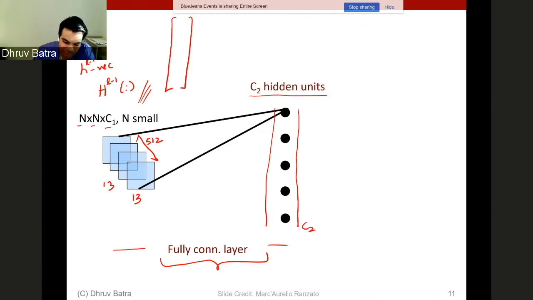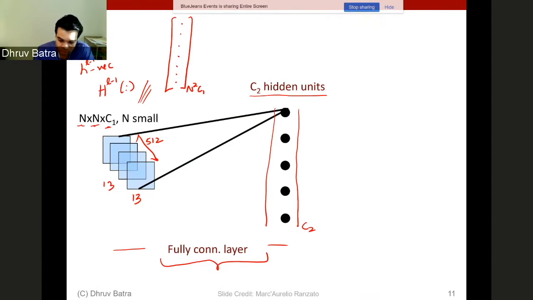The size of this is going to be n squared C1. It's clear why it's n squared C1, because I'm just elongating a tensor. So there are n squared C1 entries in this tensor, and I'm just converting that into a vector.